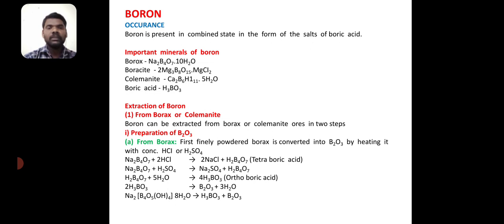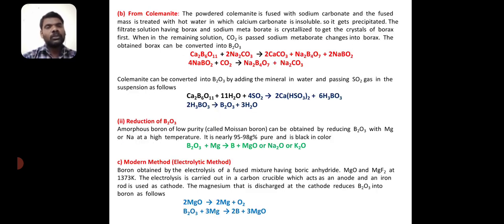This H2B4O7 tetraboric acid treated with H2O gives orthoboric acid, H3BO3. This orthoboric acid, when heated, gives B2O3. So finally we get boron trioxide from borax.